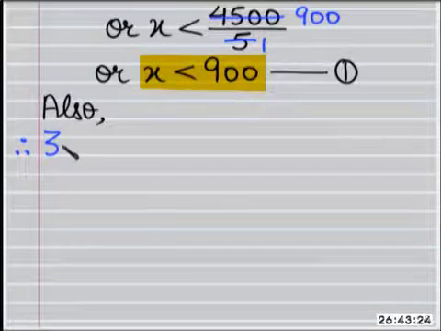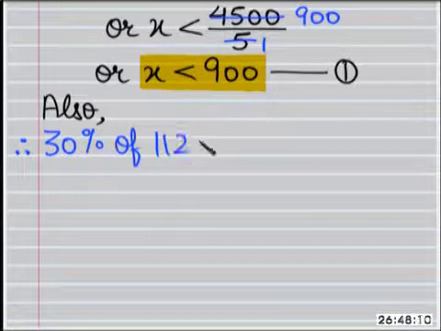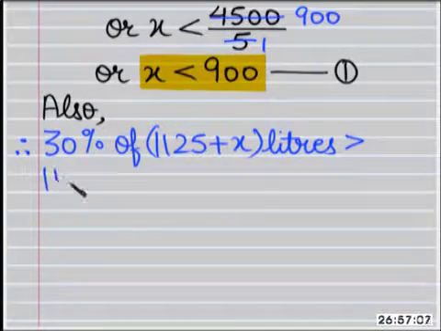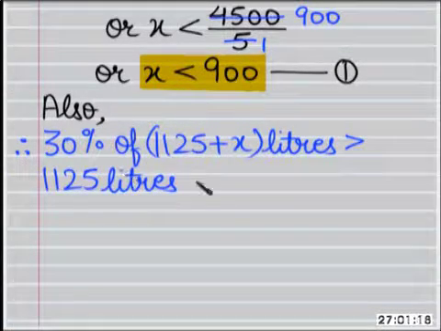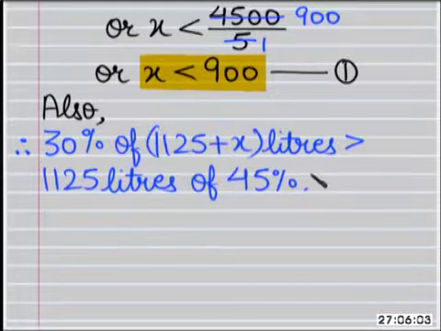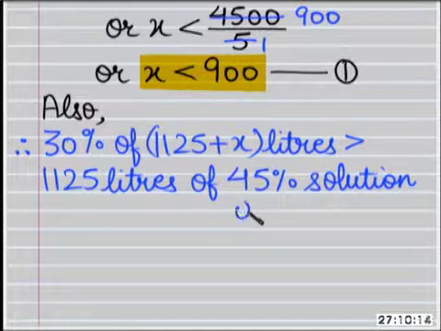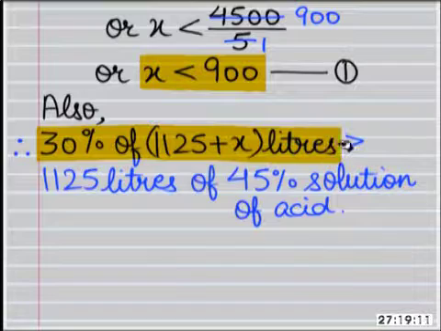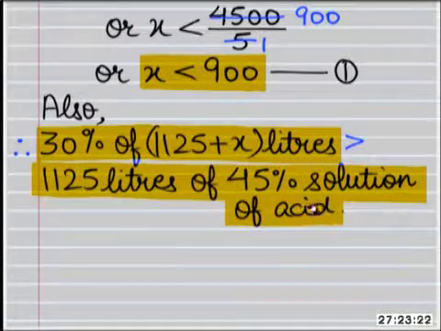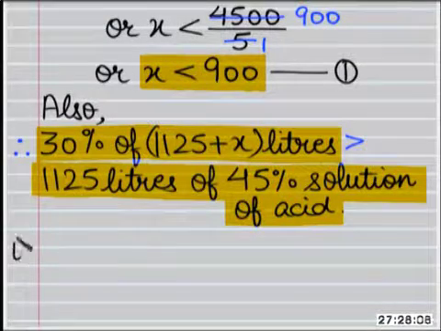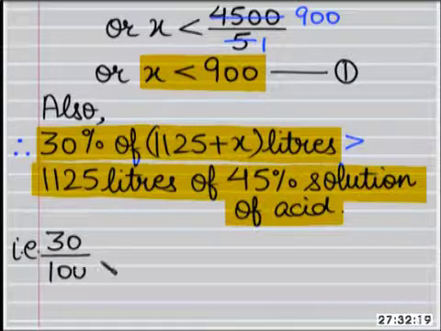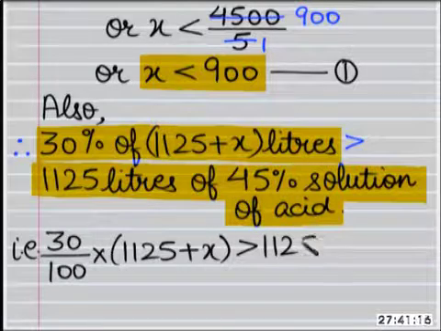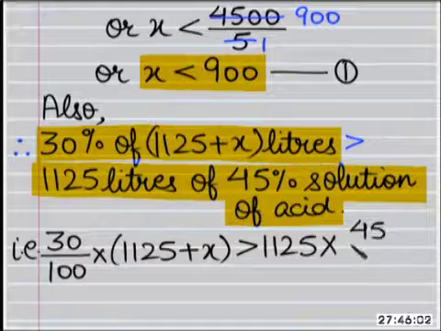Therefore, 30% of 1125 plus x liters is greater than 1125 liters of 45% solution of acid, that is 30 upon 100 whole multiplied by 1125 plus x is greater than 1125 whole multiplied by 45 upon 100.